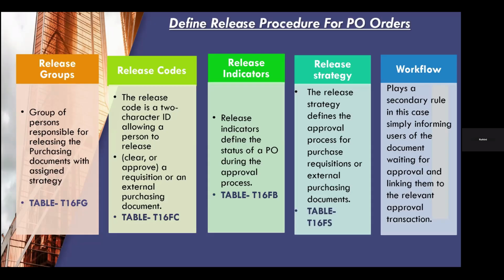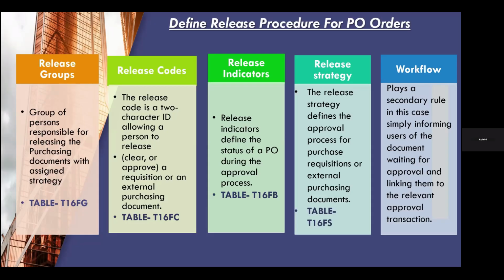And the next one is release indicator. The release indicators define the status of the PO during the approval process. Thus, when we create the PO with respect to the document type NB, currently if it is not released, it will be in the blocked state. And if everyone has approved, then it will be in the release state.